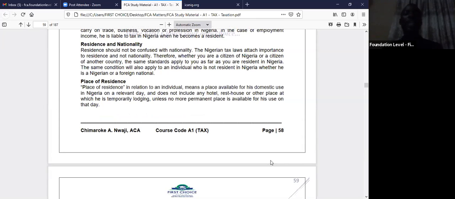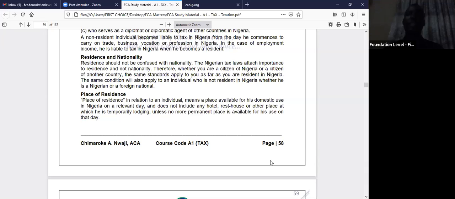When we say a relevant day for an individual, it begins from January 1, because the tax year starts from January 1. So January 1 down to December 31st is a relevant day.